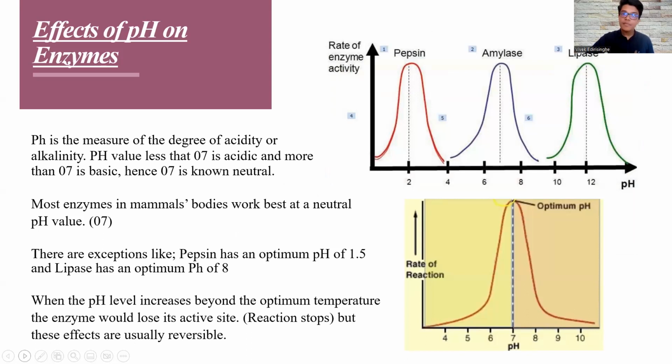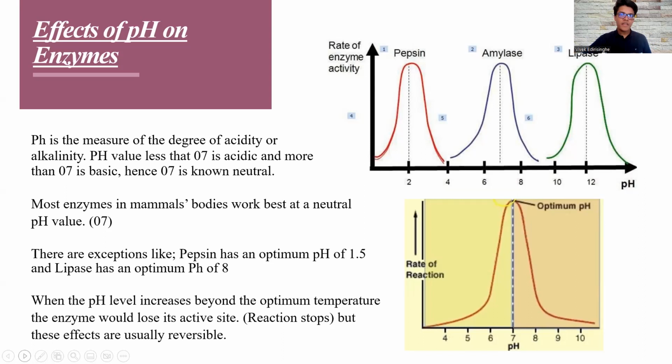Most enzymes in mammals' bodies work best at pH value 7, but there are exceptions like pepsine, which has an optimum pH of 1.5, and lipase, which has an optimum pH of 8. Unlike with temperature, if the pH value increases or decreases beyond the optimum value, a sharp decline in enzyme activity is seen, but generally these effects are reversible when it comes to pH.